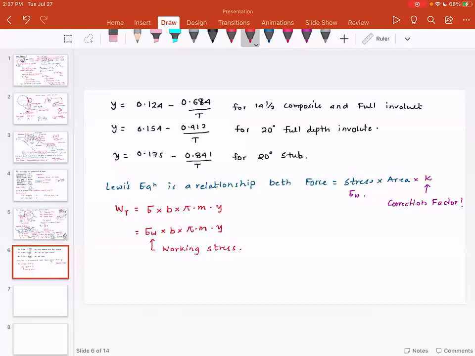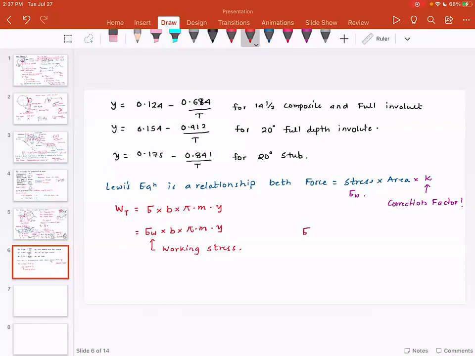Now, why is it called the working stress? The working stress is called that because this is not actually the allowable static stress. So let me tell you what is the difference between the working stress and allowable static stress.